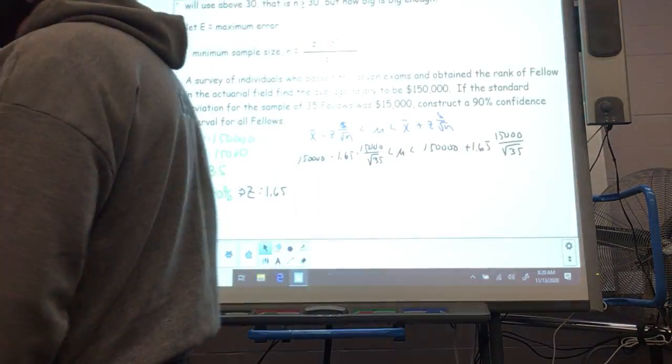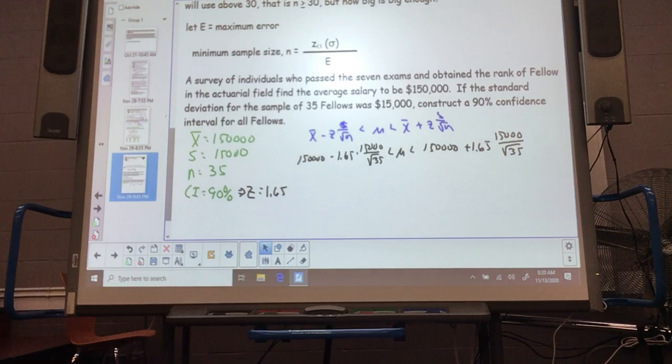Now it turns into a clickety-clack exercise. You find two values. 150,000 minus 1.65 times 15,000 divided by square root of 35. Hit enter. And then type in 150,000 plus 1.65 times 15,000 divided by square root of 35, and hit enter. And we get two values.